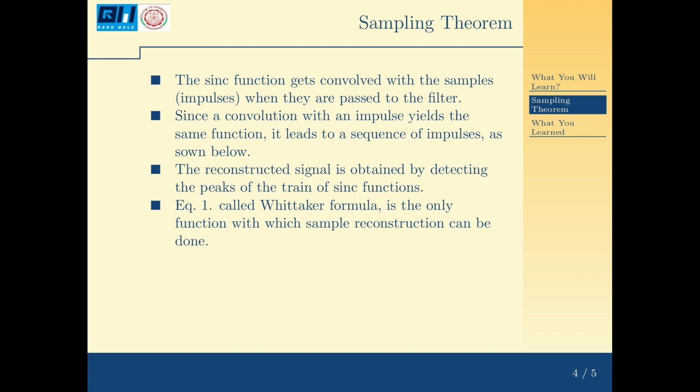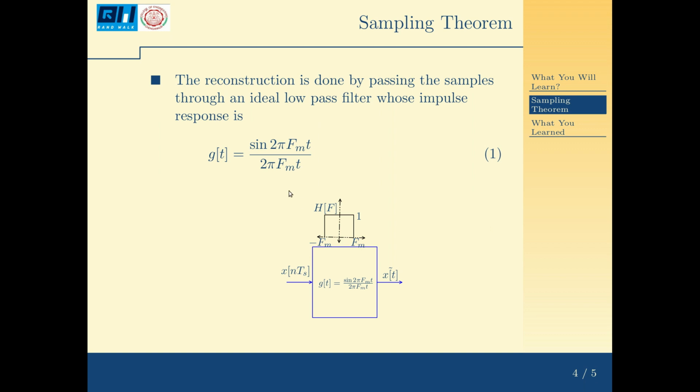When any signal g(t) is convolved with an impulse, you get the same signal g(t). So you get a train of sinc pulses. The reconstructed signal is obtained by detecting the peaks of the train of sinc functions. This formula is called the Whittaker formula. This is the only function with which you can reconstruct your samples.